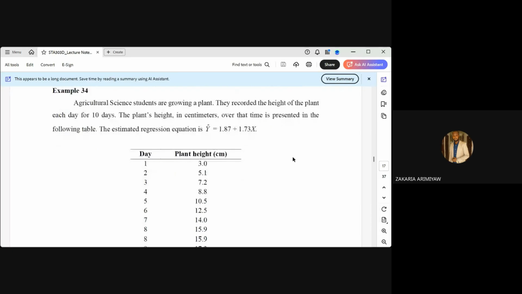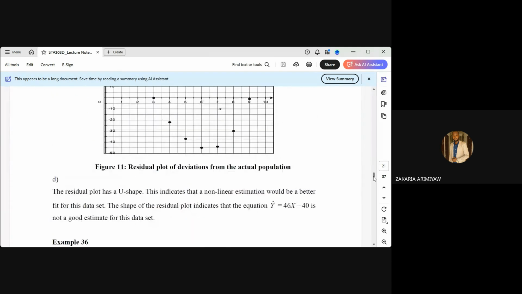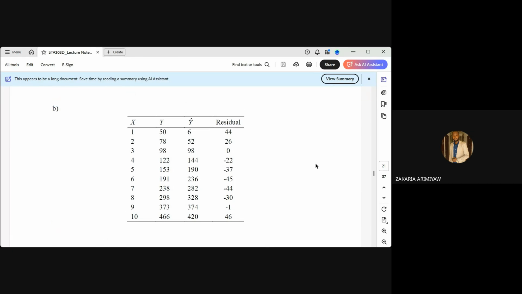So we plot residuals on the vertical axis, and then the x values on the horizontal axis. So for every point, we're going to have pairs of values. The first is the x value. The second value of the point is, sorry, the residual. So we have a point which is made up of the x value and the residual.